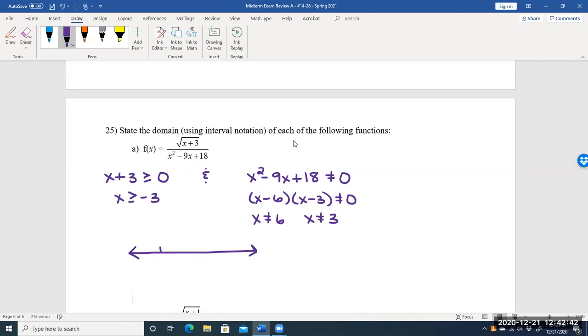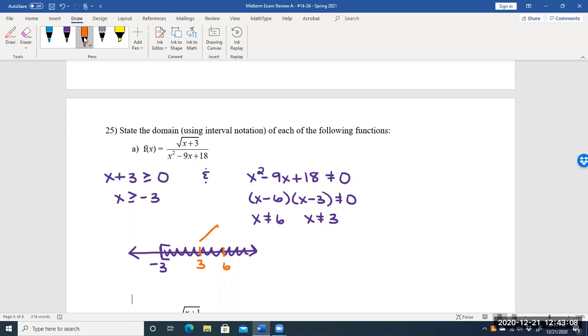So here's what I like to do. I like to shade my inequality. Okay, so here's my first restriction. X must be greater than or equal to -3. But I have another restriction, or two other restrictions. X cannot be 3 and x cannot be 6.